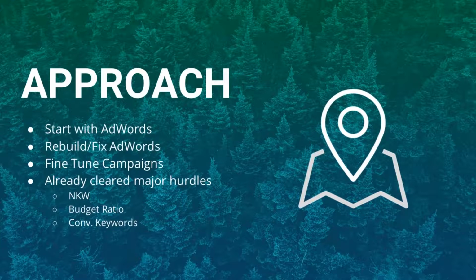We already know what searches are out there that are bringing us the most business, and we can really cherry pick and isolate those to implement onto the Bing Ads platform. It really saves us a lot of time and effort. We will have already worked out a lot of the major issues through PPC, and we can just focus on the good stuff once we roll things over to Bing.